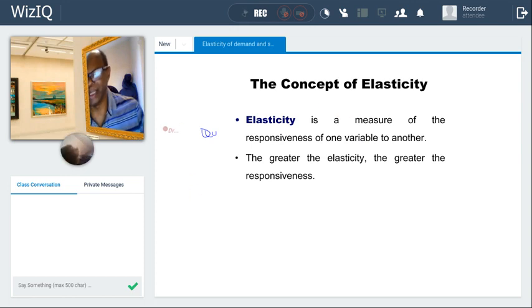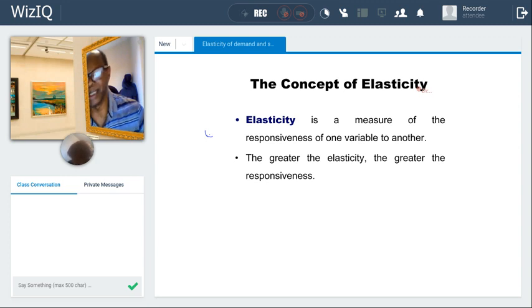Then it says the greater the elasticity, the greater the responsiveness. We said if the elasticity is greater than 1, it means there's a greater responsiveness.